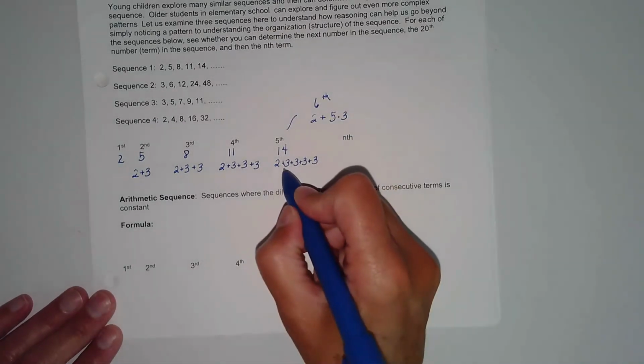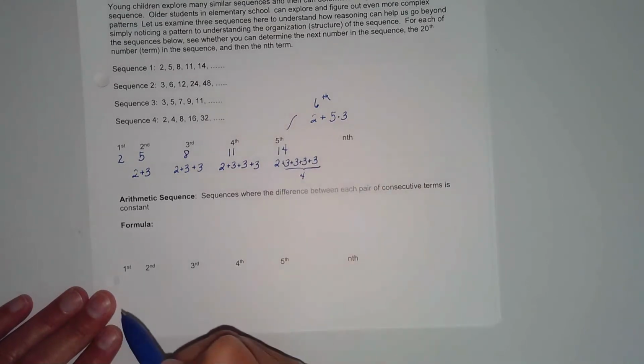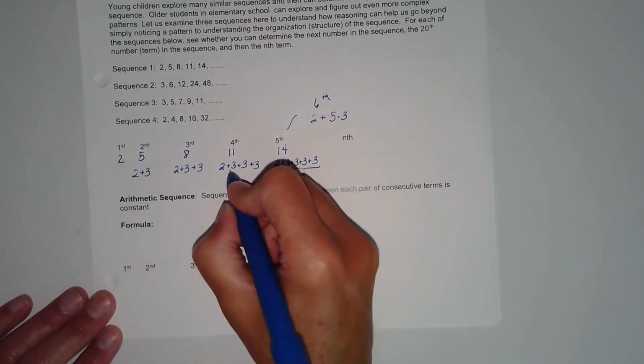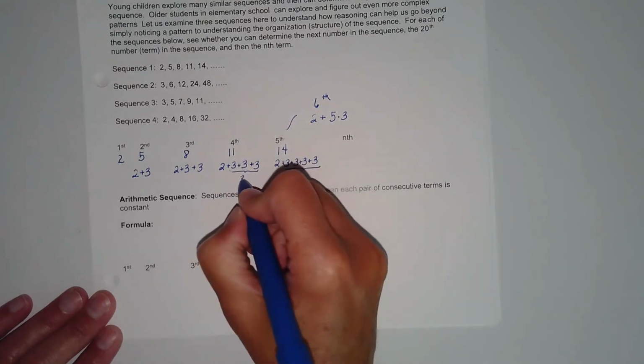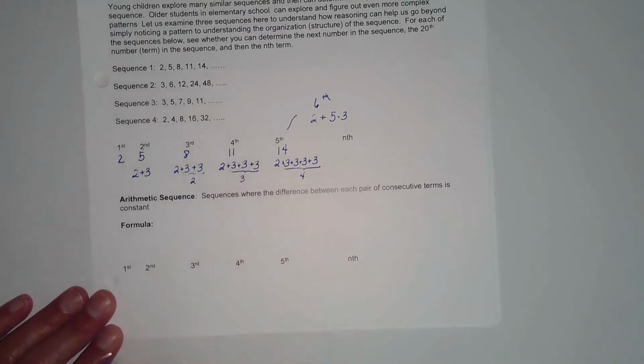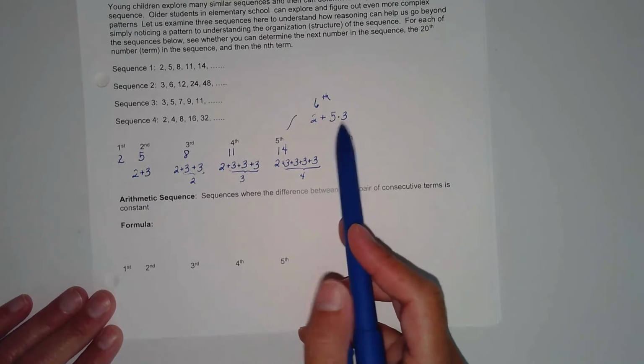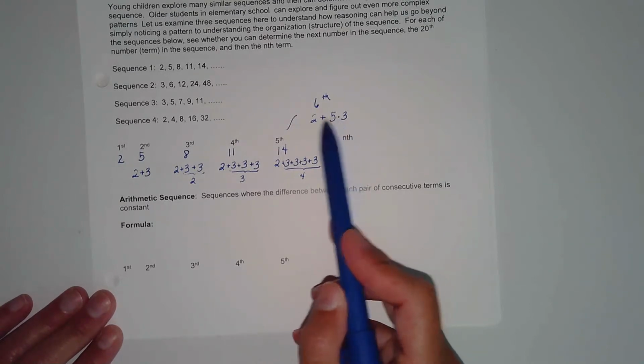Because did you notice the number of 3s that we have is 1 less than the position we're in? So if we're in the 4th position, we have 3 of these 3s. If we're in the 3rd position, we have 2 of these 3s. And if you calculate that out, PEMDAS says multiply first, so 15, 16, 17.